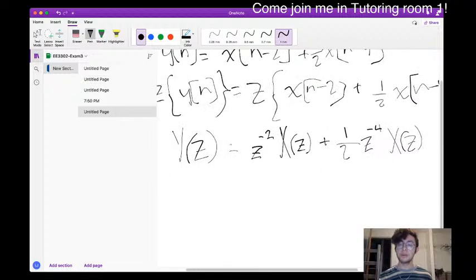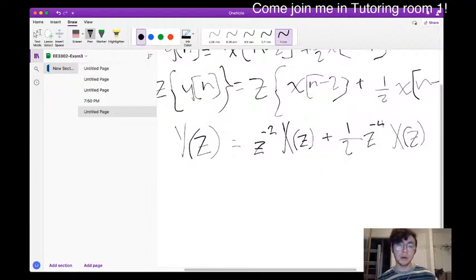And now what we want is to get it into the form of just a single system transfer function, H. We'll get this by factoring our z-domain signal, our output over our input, X(z).